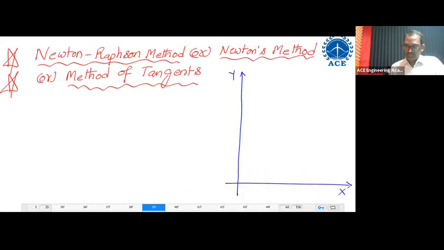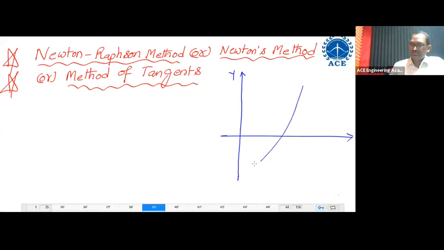Let me draw the curve. This is the curve equation. Let it be y is equal to f of x. Remember, bisection method, regula falsi method, secant method need two initial approximations.